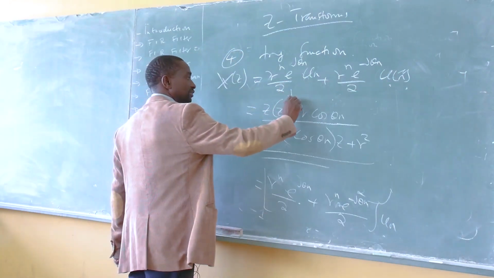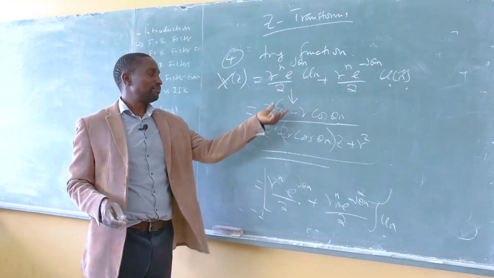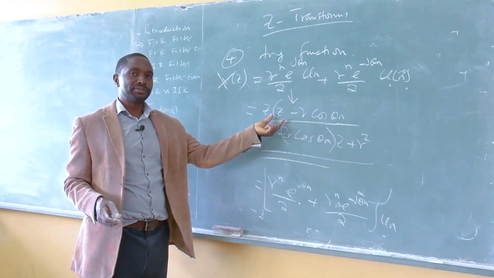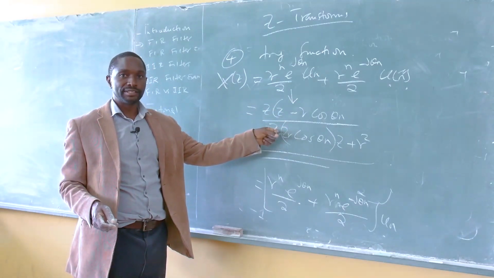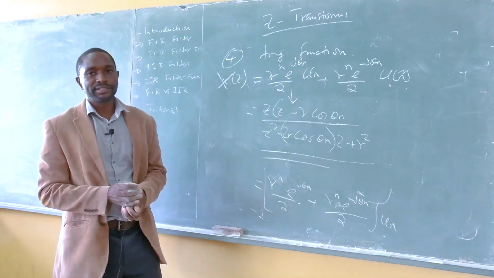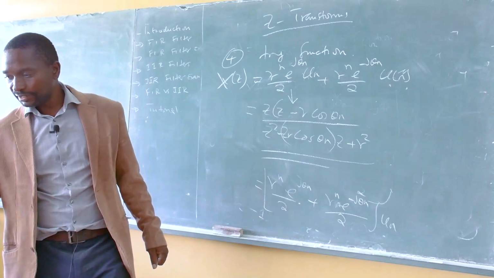You can reduce this to that format, or from here you can just apply tables of z transforms, and that will give you straight to that equation, and you will have resolved a trig function in terms of the z transform.